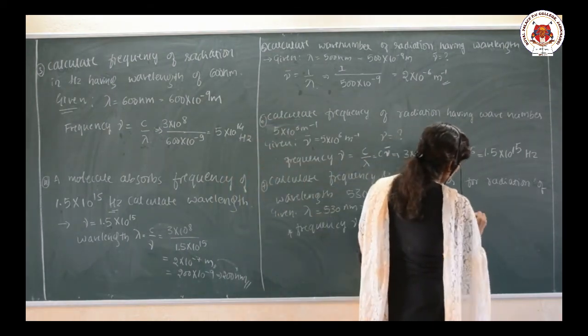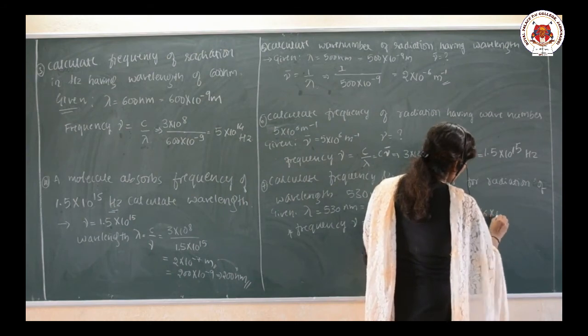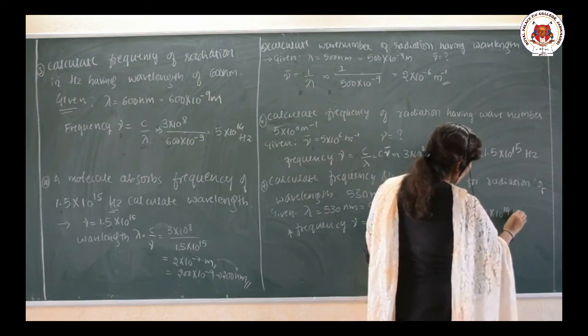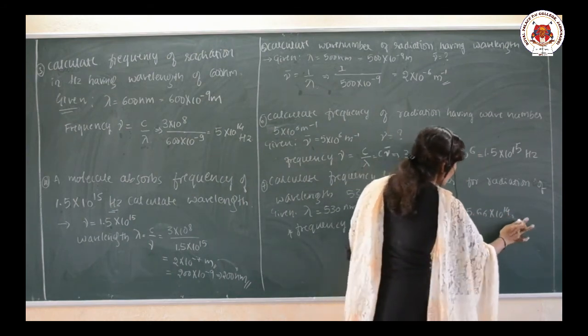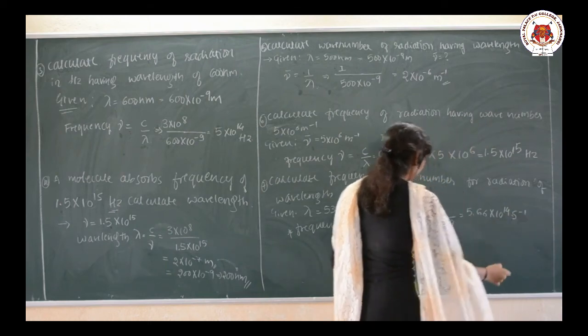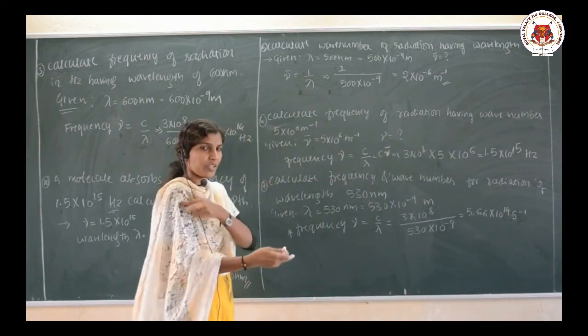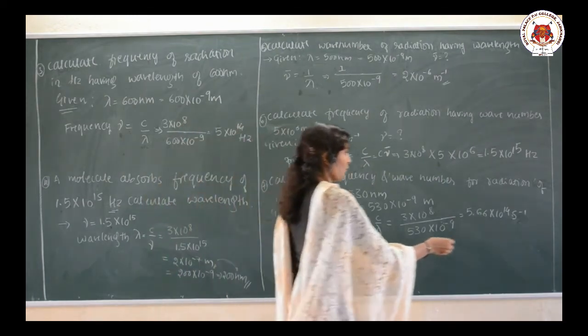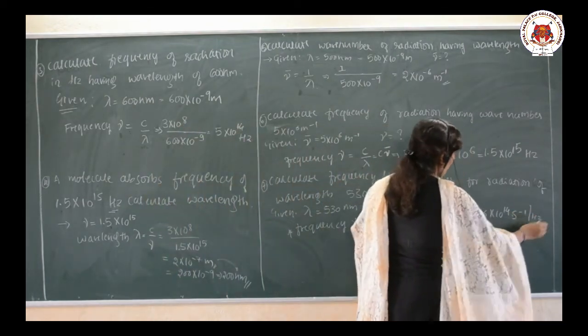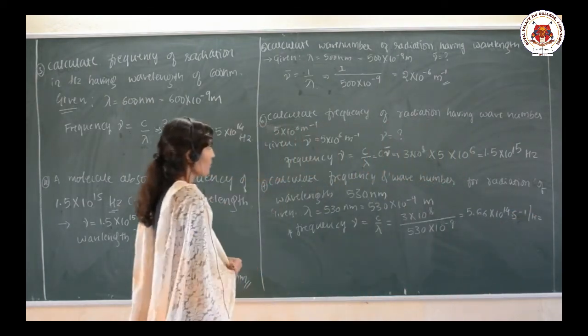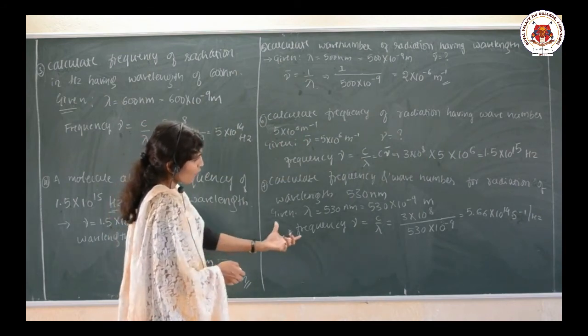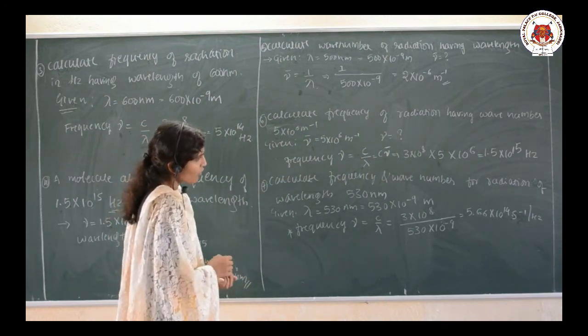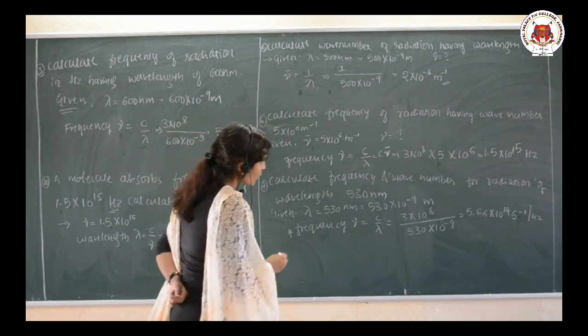It is 5.66 into 10 to the power 14 hertz, or per second. Frequency per second, or even you can use hertz, no problem. Its unit is also expressed in terms of hertz. And this is how we can calculate the frequency. And one more thing, they have asked you to find out the wave number.